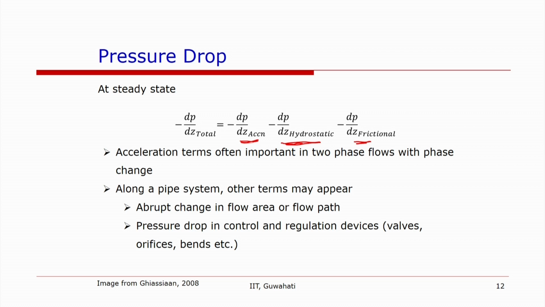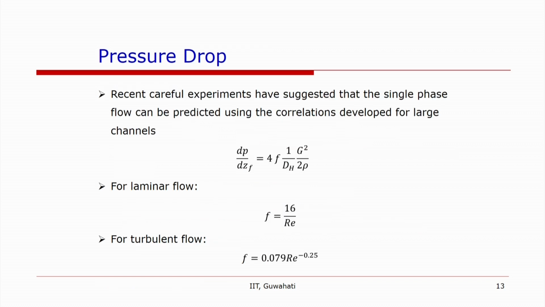Because we are talking here about adiabatic flows, we will not be talking about the accelerational pressure drop. The hydrostatic pressure drop one can anyway take care of by using rho g h, using the appropriate rho. Now, we will be talking mostly about the frictional pressure drop dp by dz. Some other pressure drops might come, for example, when there is an abrupt change in flow area or flow path, or pressure drops in control or regulation devices, as we discussed in the previous slide. Okay.